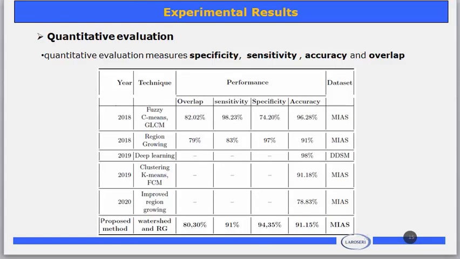Also, as the present slide shows, you can see that our approach is giving very good results compared to other methods. Some of the results our approach gives are far better than the ones given by the approaches that we have on the slide.